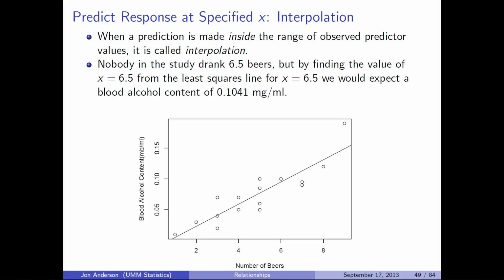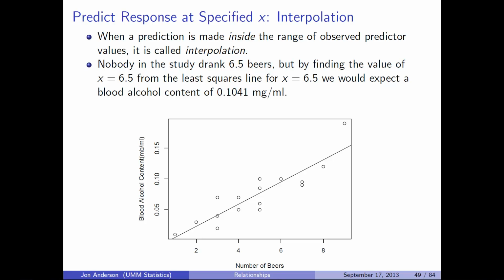Another nice thing about using a least squares line summary is that if we have a mathematical structure to describe the relationship, we can speculate on blood alcohol content for beer consumptions that aren't even in our data set.